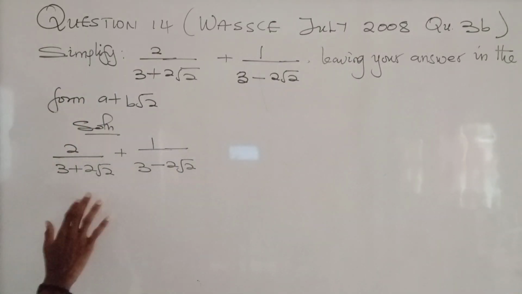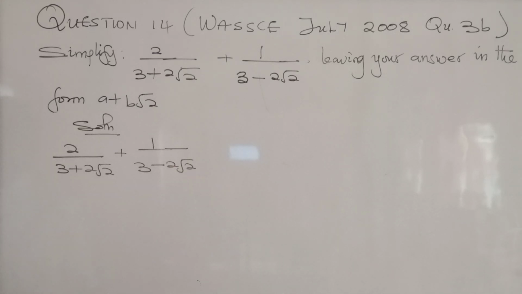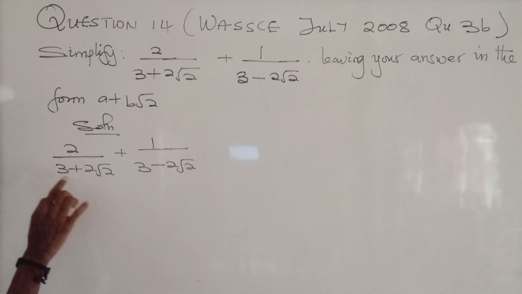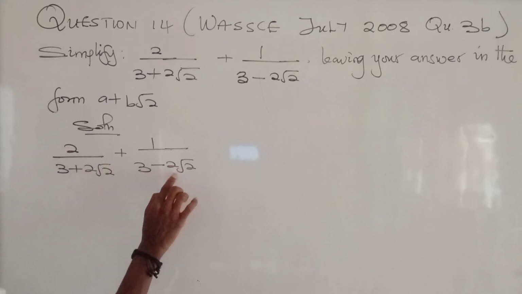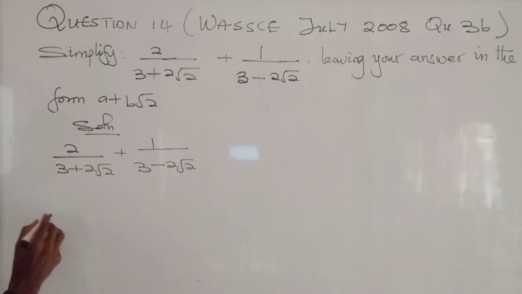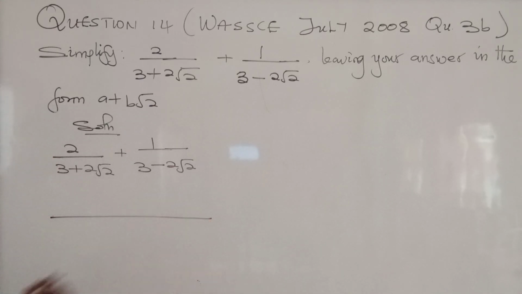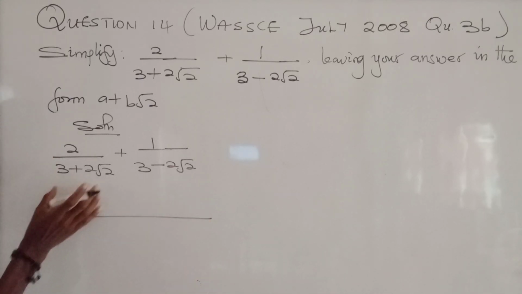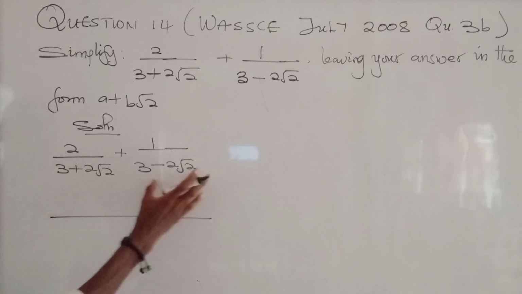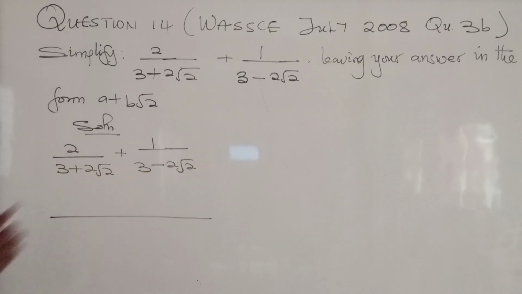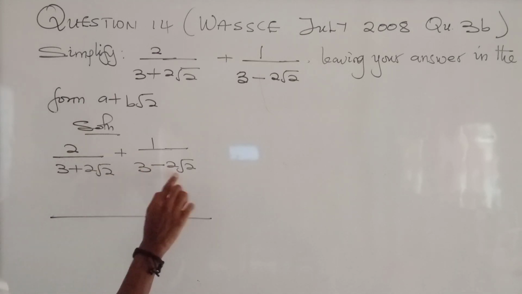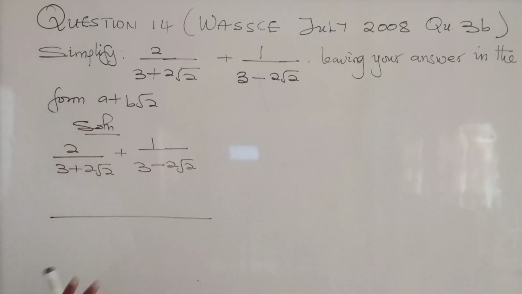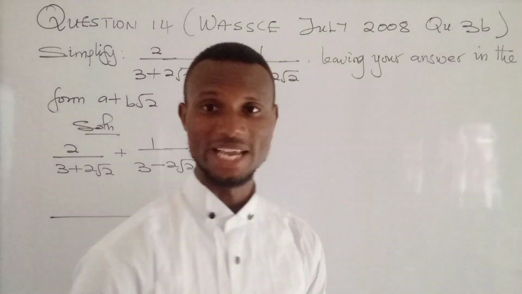We are going to use the denominators to find the LCM. So the LCM for 3 plus 2 root 2 and 3 minus 2 root 2 is going to be, so we are going to draw our line like this, a multiplication of these two denominators, which is 3 plus 2 root 2 times 3 minus 2 root 2. I hope you understand and you agree with me up to this point.